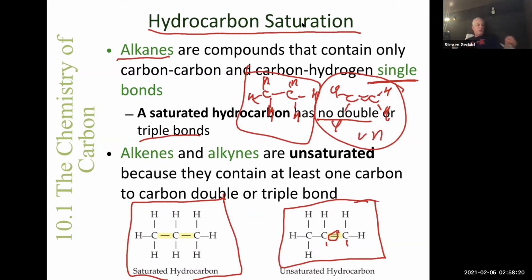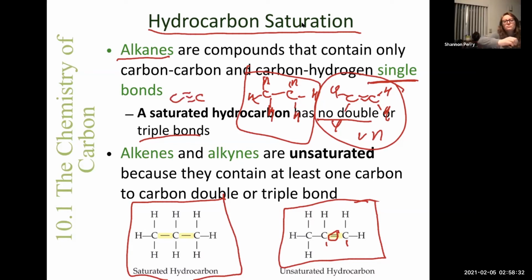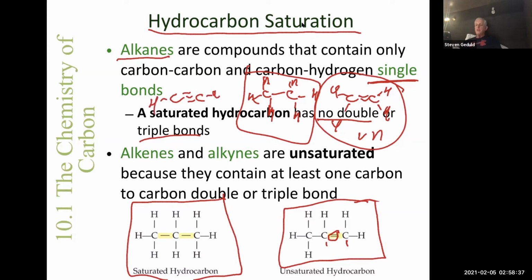If there were 2 carbons and a triple bond between them, how many hydrogens would you have? 2. Perfect. You'd have 2, 1 on each end. That would get each carbon 4 bonds. So this is also unsaturated.